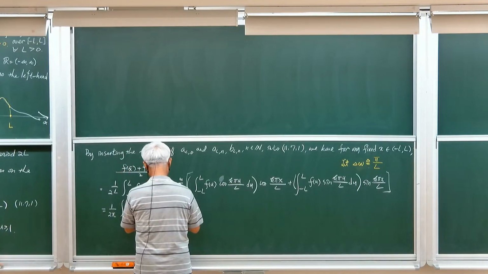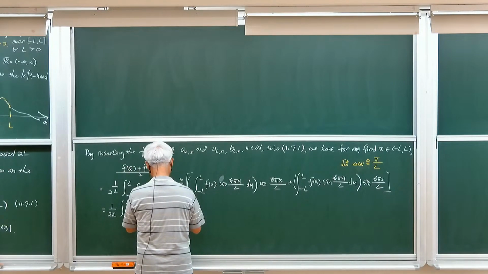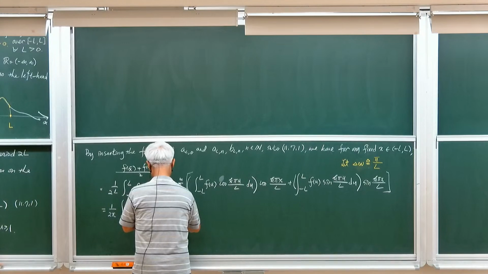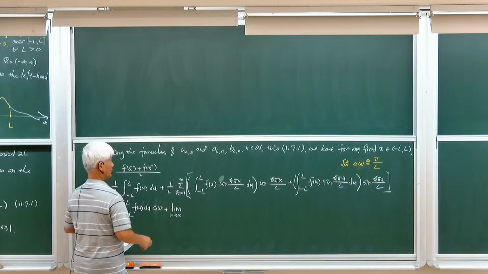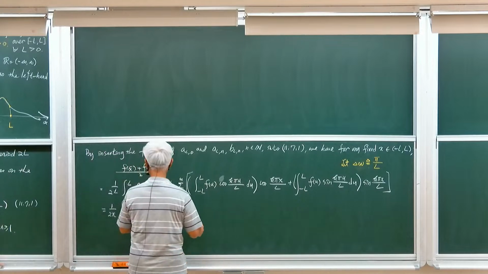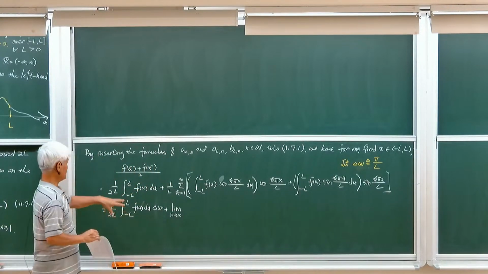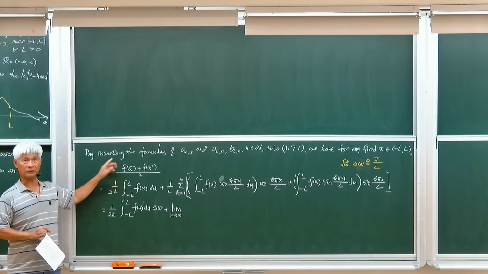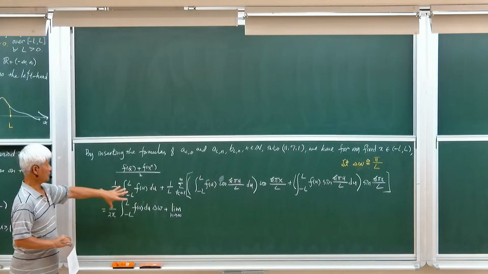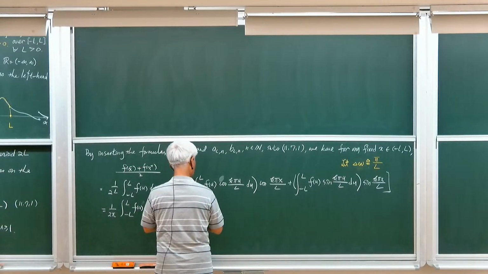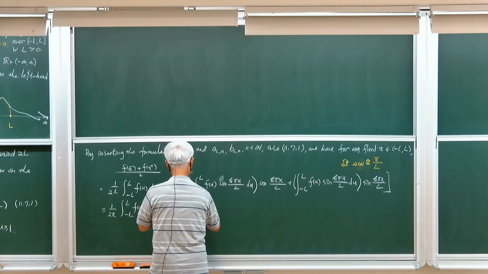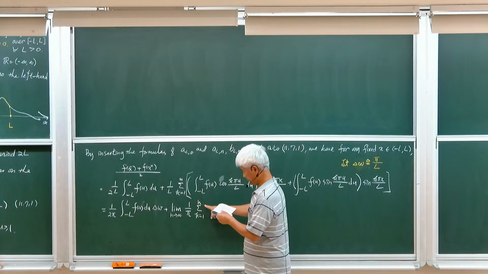Plus the limit as n goes to infinity, because the series sum is the limit of the partial sum. As we know that this series converges to this value, we can have 1 over pi, summation k from 1 to n, so that this is a partial sum.